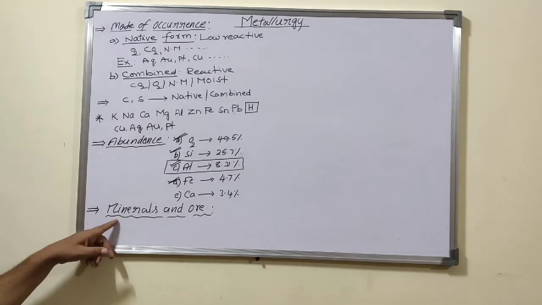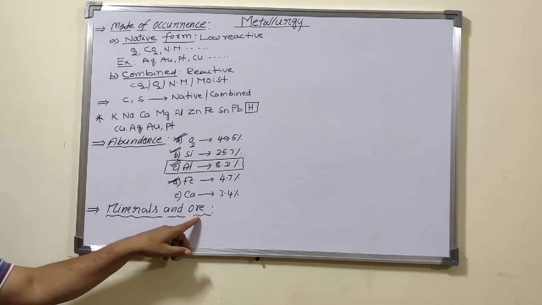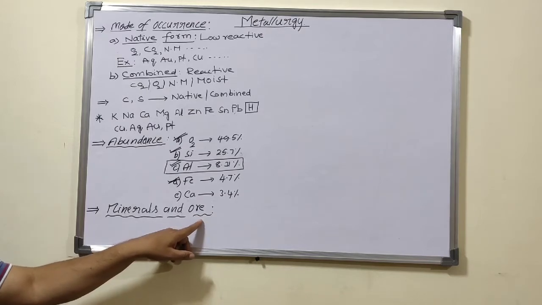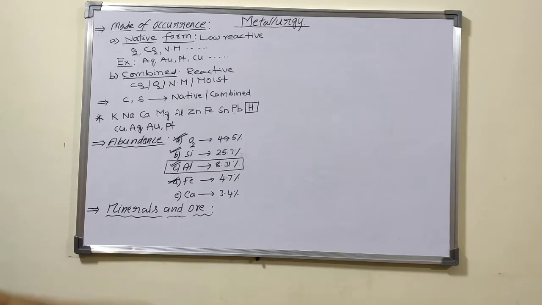It is a naturally occurring chemical substance in which metal occurs in the earth's crust, and the mineral form from which metal can be economically and conveniently extracted is called an ore.